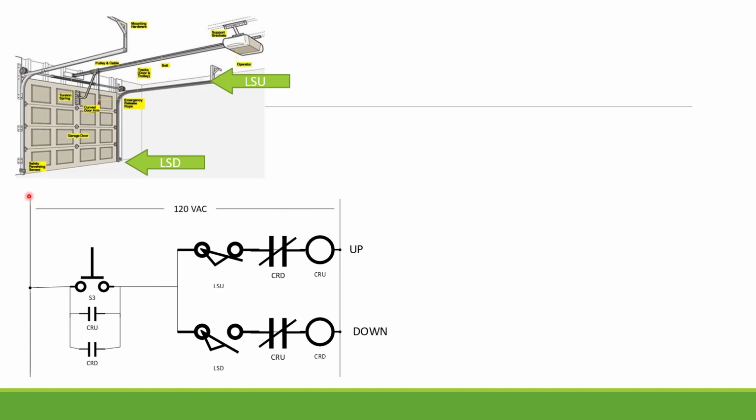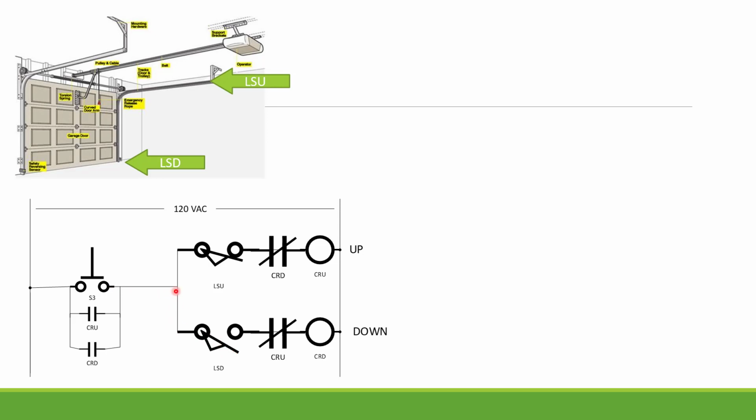I have a 120 volt supply. None of these contacts are closed, so nothing's happening yet. But as soon as I push this button, current can come from the source. It can flow through the switch. It can't go this way because this is open.